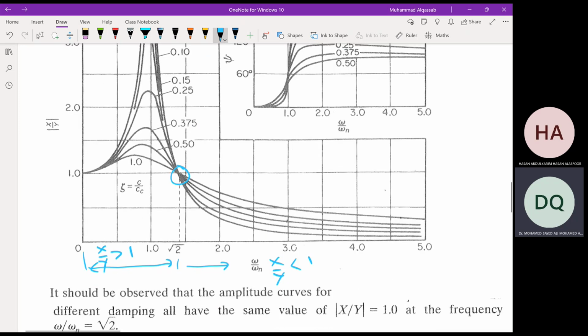Okay, and one way to get the isolation, or to get the transmitted vibration to be less than the base, is when the frequency ratio is greater than square root of 2. So not any damper and spring will make the vibration propagation become less than 1.